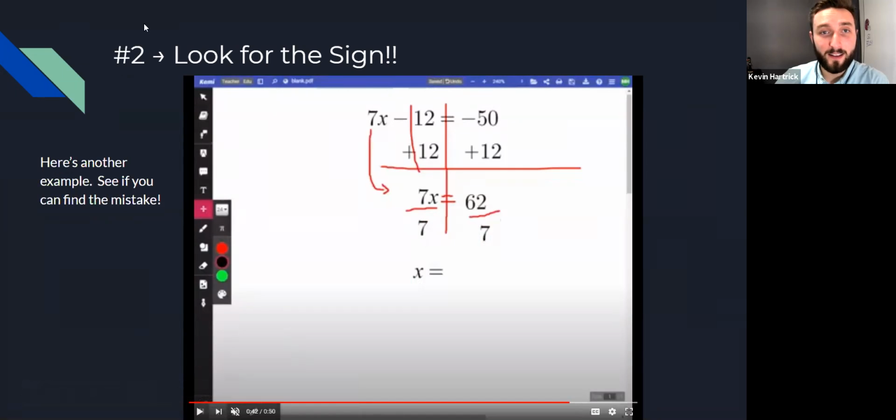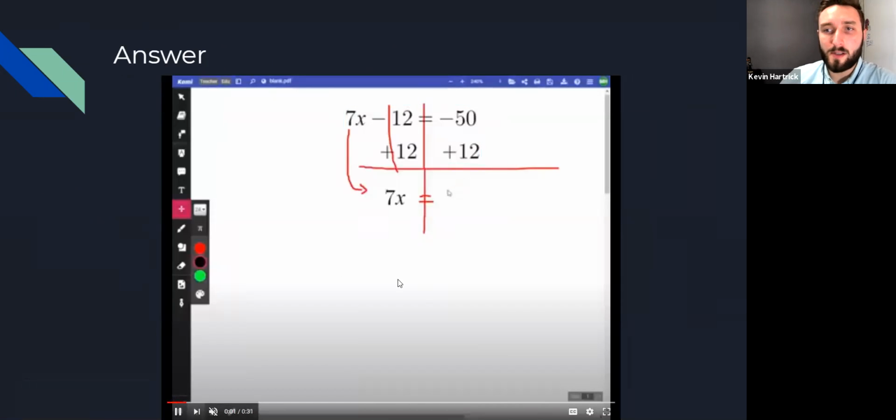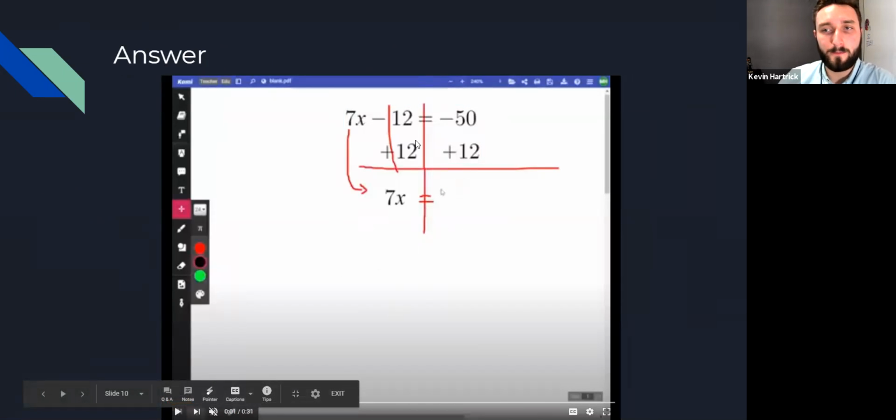Did you see the mistake? Pause the video if you need to. Okay, so the mistake in this one was when they got to this step here, they did good by adding 12 to the left side.